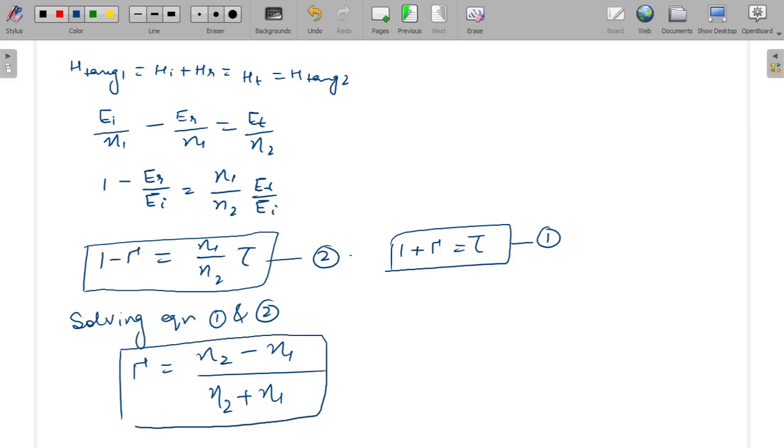That's why our reflection coefficient is always less than 1, because N2 and N1 both are positive and in the denominator both are added. That is equal to Er divided by Ei. This is also the formula of reflection coefficient.